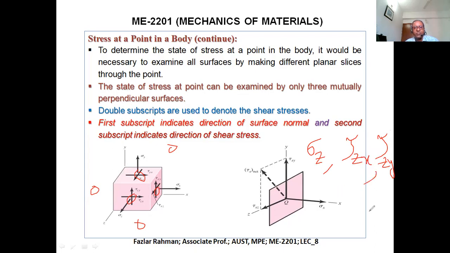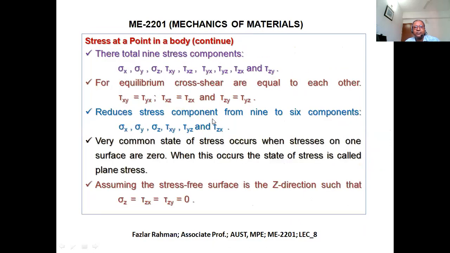Easily you can figure out. So now you see through a single point there are 9 stresses working. Now, what are those 9 stresses? Right over here: sigma x, y, z, tau xy, all these 9 stresses.